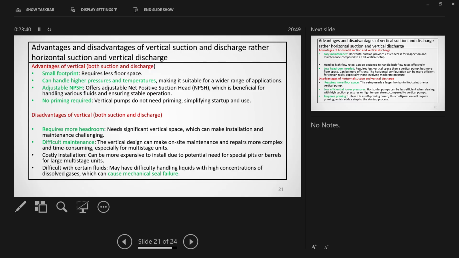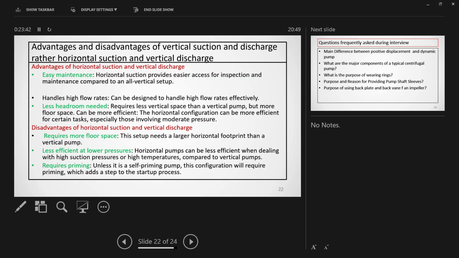For horizontal suction and vertical discharge, the advantage is easy maintenance. Less headroom is required, so the civil work is less, and the cost will be very low. But the disadvantage is that it requires more floor space and is less efficient, because the suction pressure is low, coming from the bottom, from the horizontal.